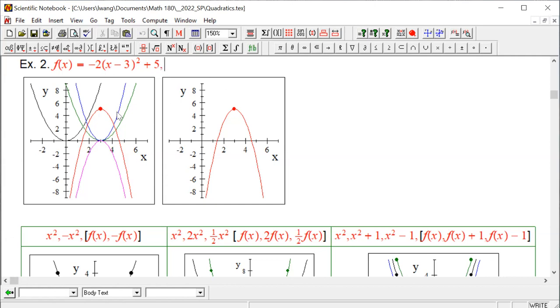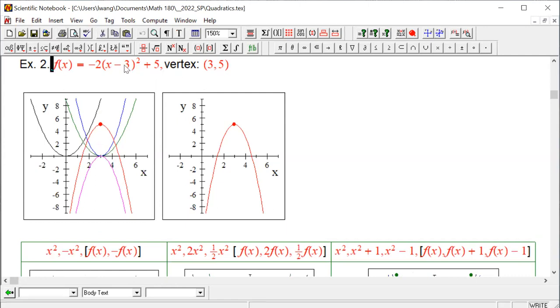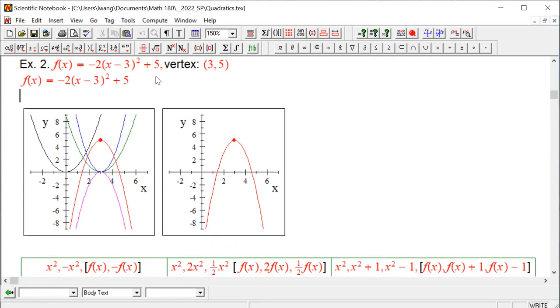We also recognized in the process the vertex, which is the highest point in this case. It's going to be x minus 3, and the 3 is going to be (3, 5). If we do something similar to what we did in the first example, I'm going to FOIL and combine like terms.